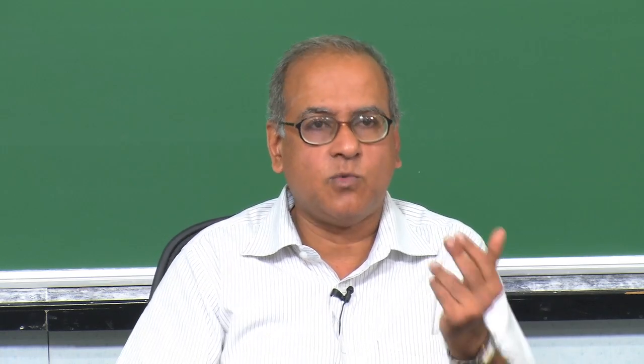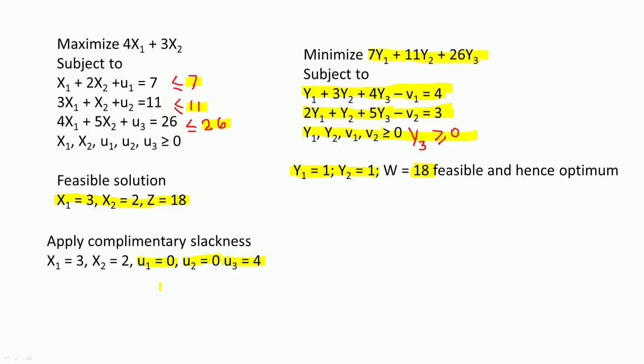Now u1 equal to 0, y1 u1 is 0, so it is possible that y1 is in the solution. u2 is 0, therefore it is possible that y2 is in the solution. u3 is equal to 4 implies y3 has to be equal to 0 because u3 y3 is 0. So now out of these 5 variables in the dual y1, y2, y3, v1, v2, we have now understood that v1, v2 and y3 are 0, which means y1 and y2 have to be in the solution because the dual has two constraints.